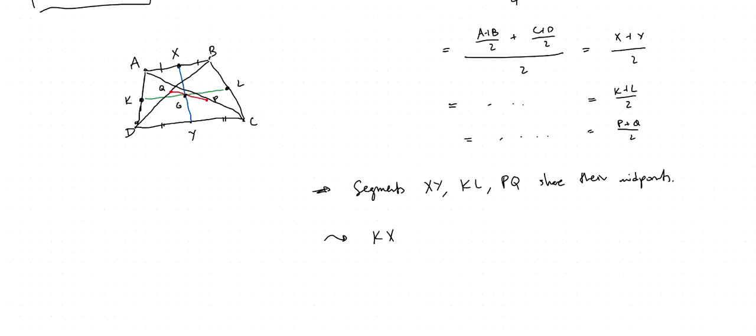From the midpoints we can find this, but we can also find this directly, right? So this is what I'm saying. This shows that KXLY, PXQY, and PKQL are parallelograms. We can also prove this directly.